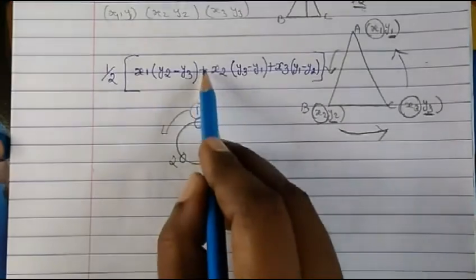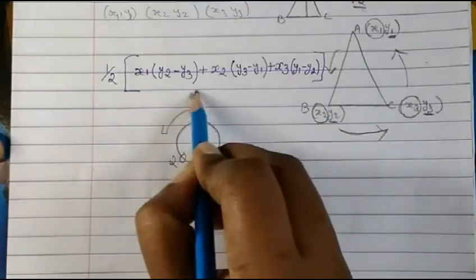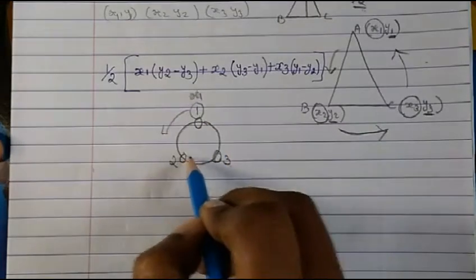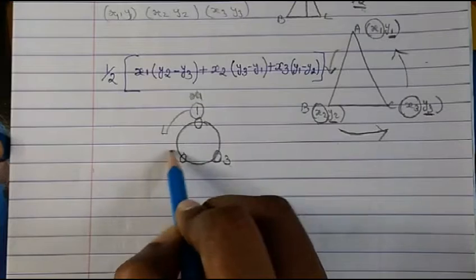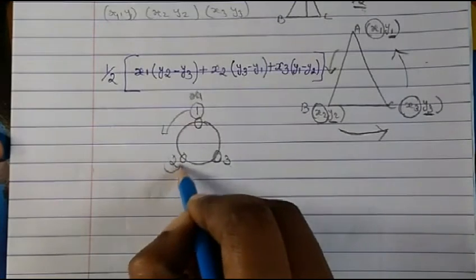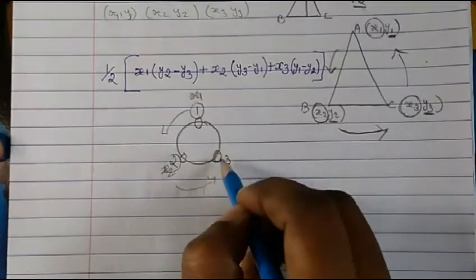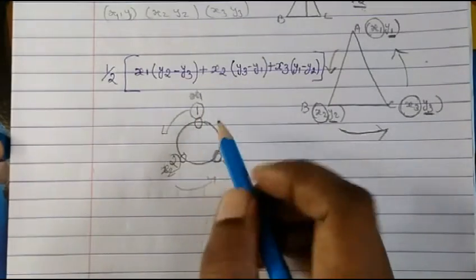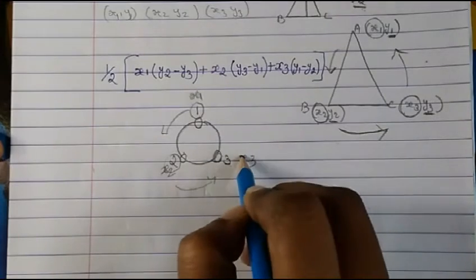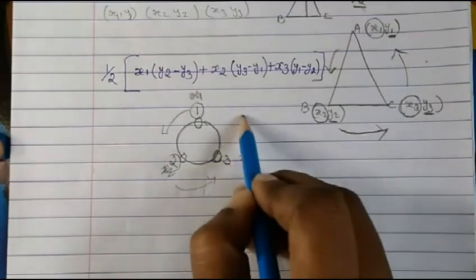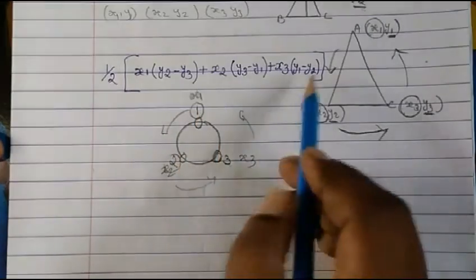Then next plus, you consider this as x2. So this is x1 into y2 minus y3, plus x2, then y3 minus y1, then plus x3 in the bracket, y1 minus y2.